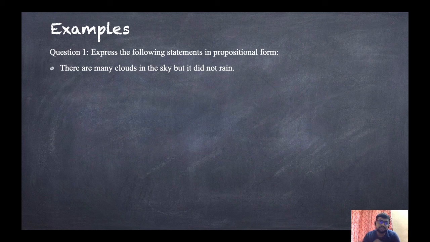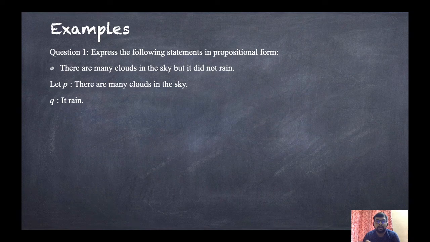First we will divide it into statements. Let P be there are many clouds in the sky. This is the first statement. But it did not rain. So here let Q be it rained.